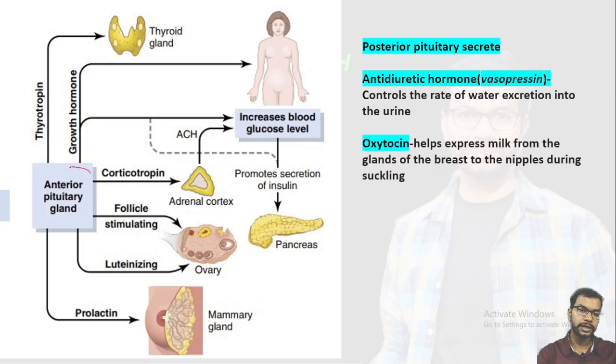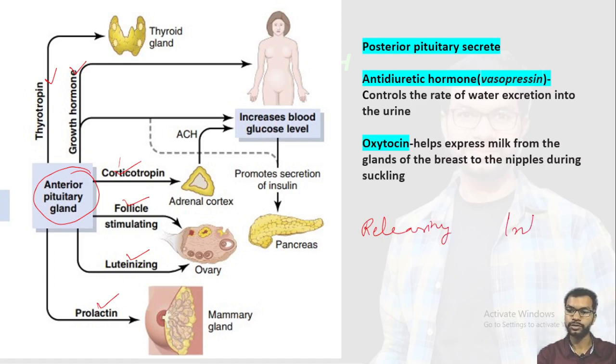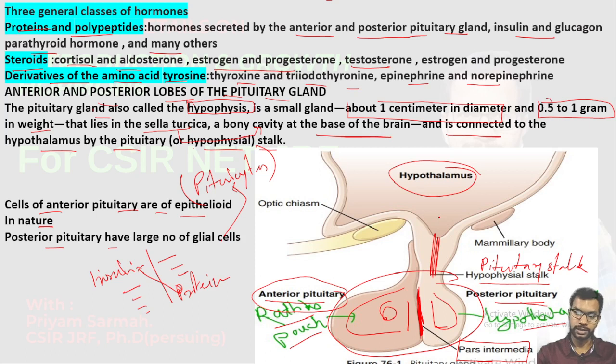So, anterior pituitary gland secretes thyrotrophin, growth hormone, corticotrophin, follicle stimulating hormone, luteinizing hormone, and prolactin. There is a concept of releasing hormone and inhibitory hormone. See here, this anterior pituitary is also connected to hypothalamus.